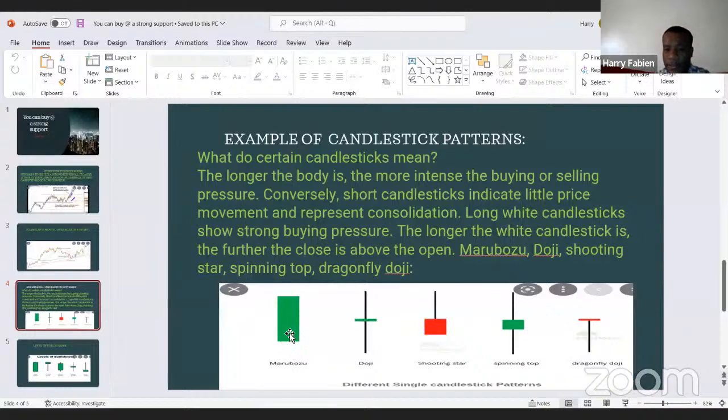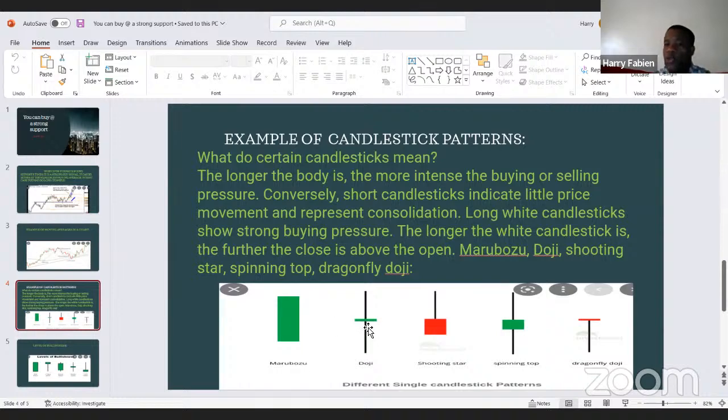As you can see here, the first one, the big green body, is bullish. His name is Marubozu. Those are Japanese names, because most of the candles were created by the Japanese. So that's a big body, and this candle is called Marubozu.